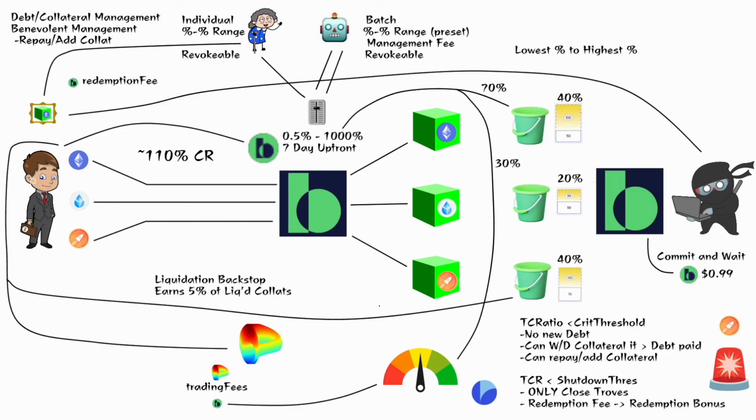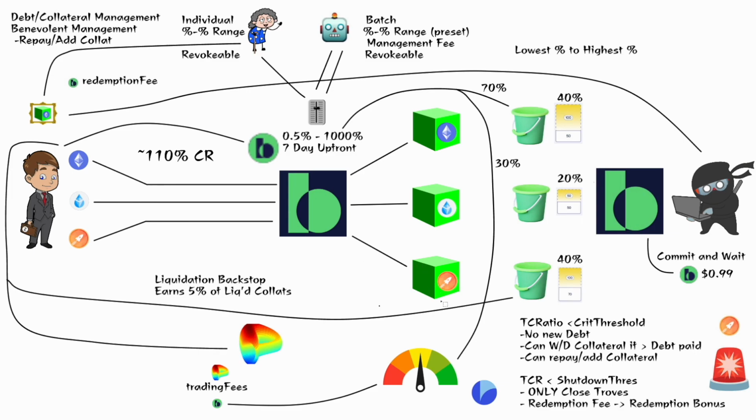Dollar bill would still be able to withdraw his collateral if he's paying more debt off, right? And then he can also repay and add collateral if that's something he wanted to do, so he doesn't get liquidated. Okay. And then the last part here, the shutdown threshold, is where this didn't work enough, and now it really shuts down and says, you can only close this trove.